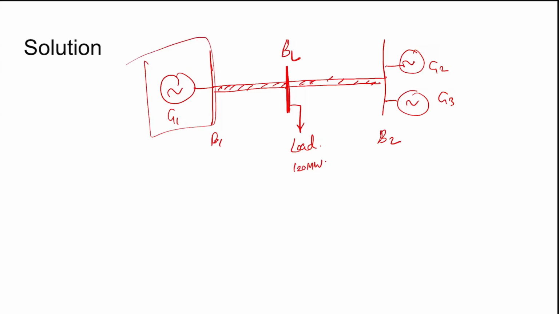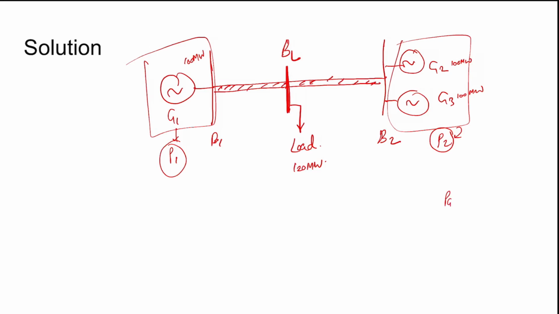This is power station P1, this is power station P2, and all these generators have 100 megawatt maximum capacity. Whatever the load sharing among these generators, it is identical, because the cost function of Pg1 equals that of Pg2 equals that of Pg3, as given in the question.